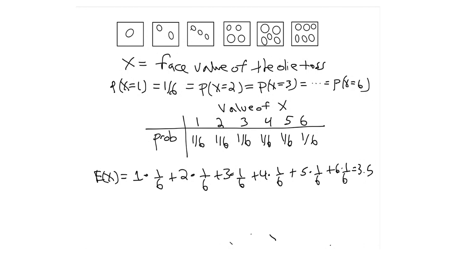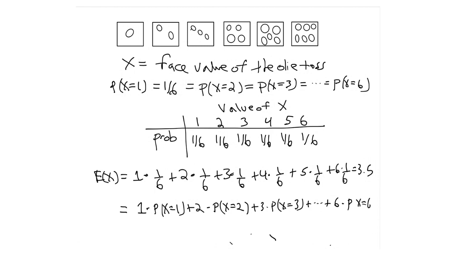But now this is the same as 1 times the probability that x is equal to 1 plus 2 times the probability that x is equal to 2 plus 3 times the probability that x is equal to 3, all the way down to 6 times the probability that x is equal to 6.